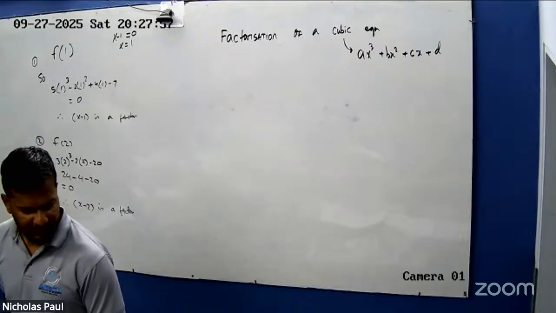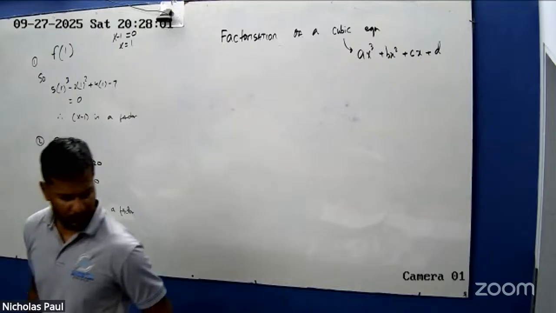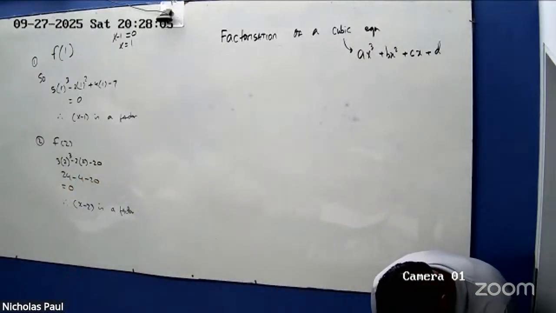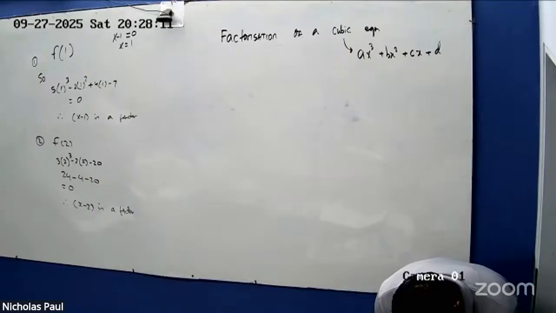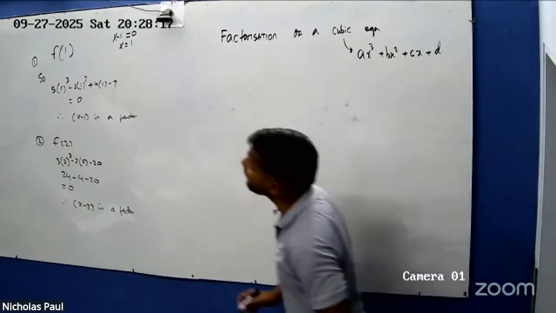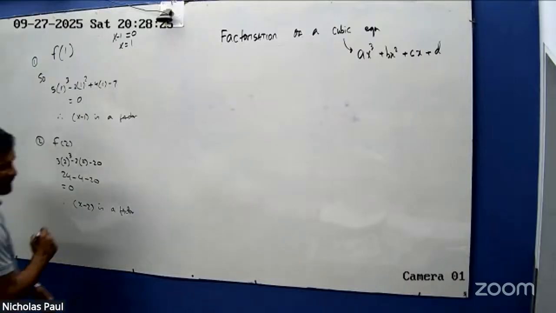And the last step: combine all the factors. You done? All right. Step 3 is factorize the quadratic.